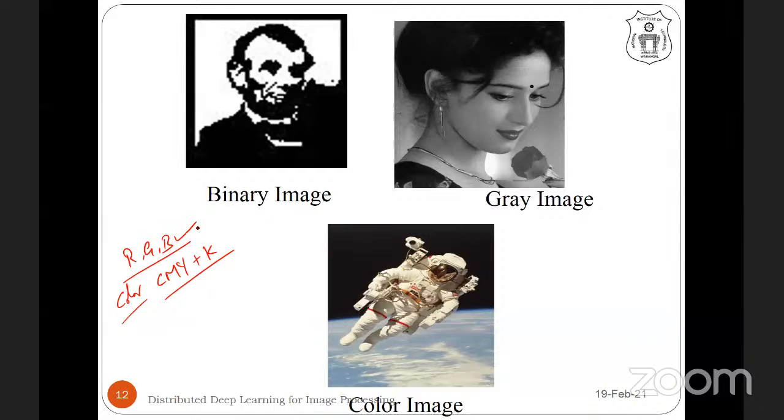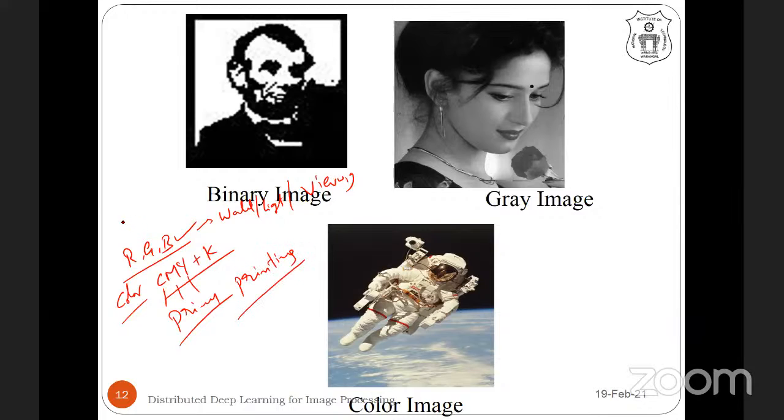but not RGB, because RGB are the primary colors. You are true, but these are based on wavelength, that is light, that is for viewing purpose. But CMY, cyan, magenta and yellow, they are also known as primary colors, but for printing.